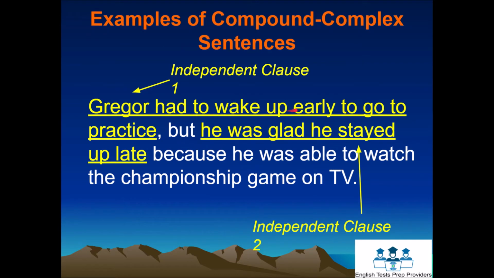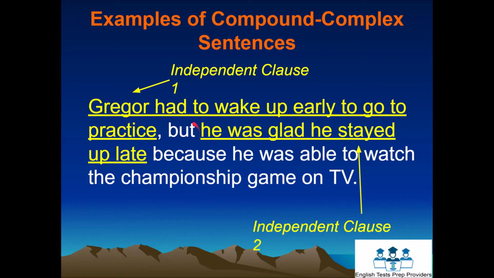Gregor had to wake up early to go to practice, but he was glad he stayed up late is our independent clauses. The first independent clause is introduced by Gregor, which is the subject. Had to wake up early to go to practice is our complete predicate.